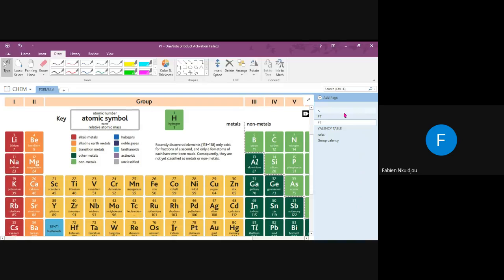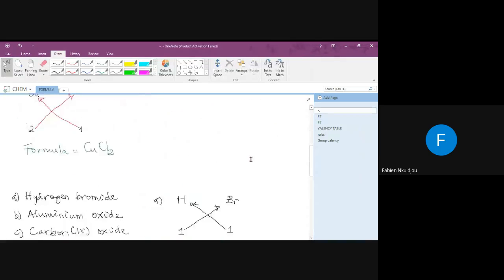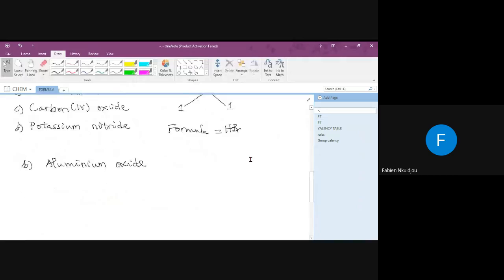So let's represent each. Here we are, aluminum and oxygen. Aluminum has got a valency of 3 and oxygen has a valency of 2.